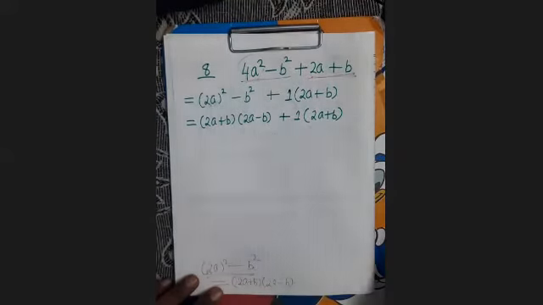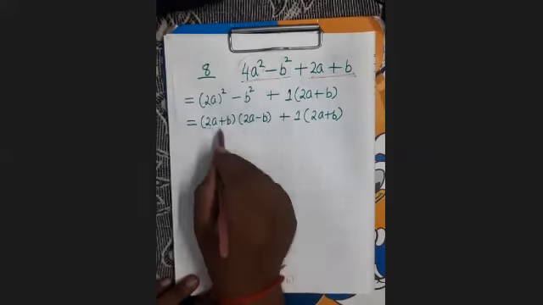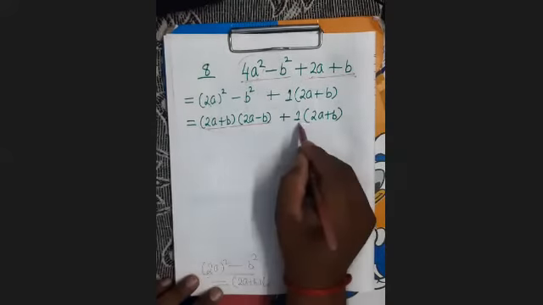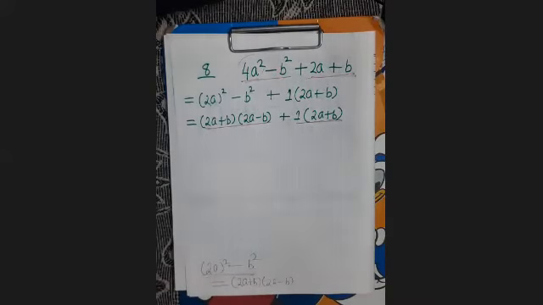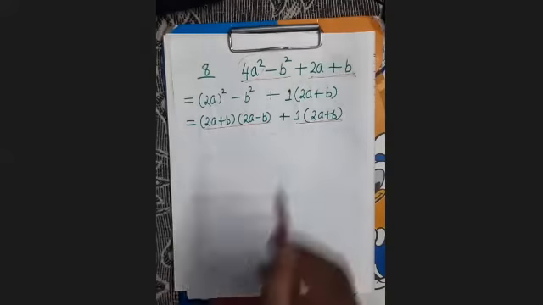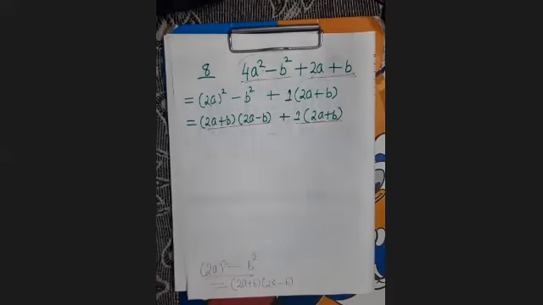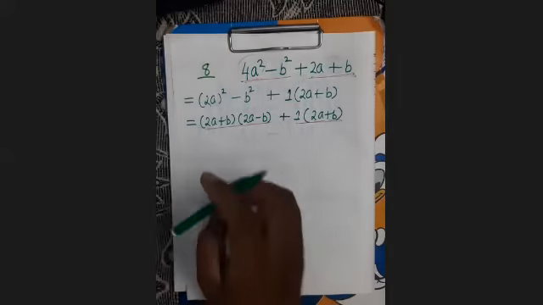Now you can see here, you have factorized one group as this and the other group as this. What is common in both the groups? इस ग्रुप में और इस ग्रुप में क्या कॉमन? Sir, 2a plus b. 2a plus b is common.